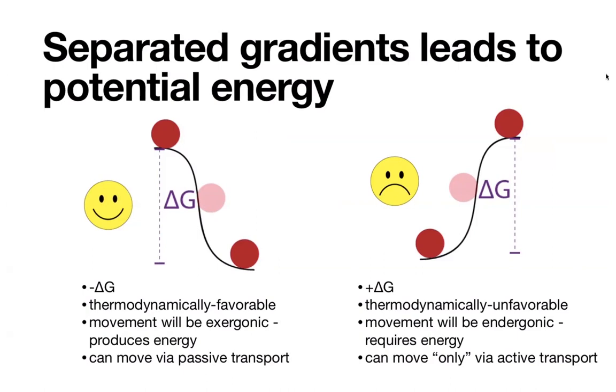Similarly, we can have chemical, electrical, or osmotic potential, basically potential energy that comes from being able to move from a region that's less favorable to a region that's more favorable, and therefore having a thermodynamically favorable reaction that's able to release energy.